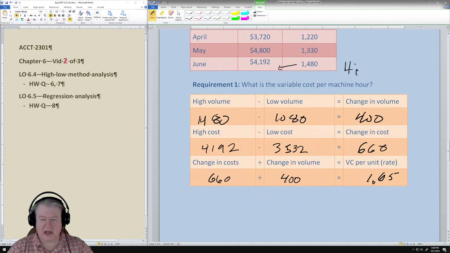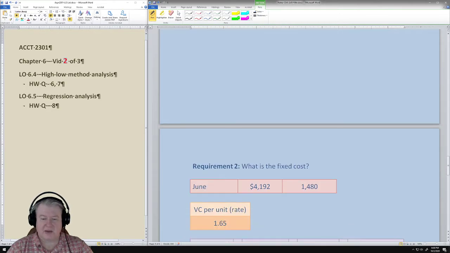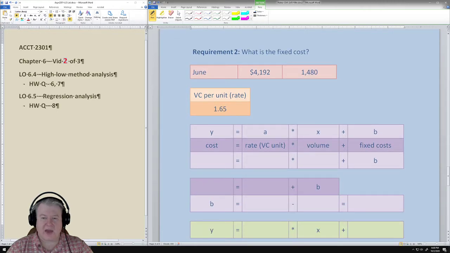Okay, so just like we did in the previous equation, now that we've figured out the slope of the line, we figured out what the slope is, but where does it cross?